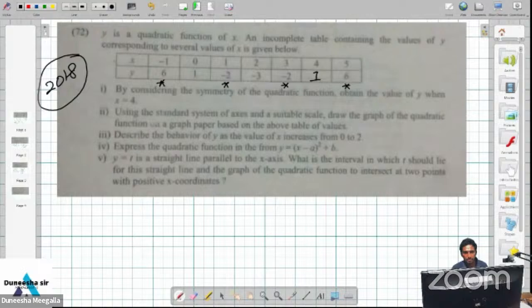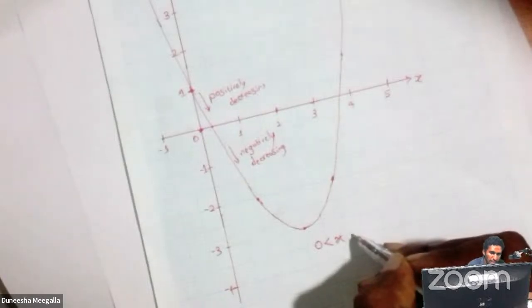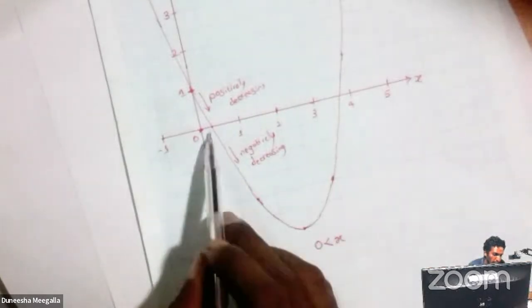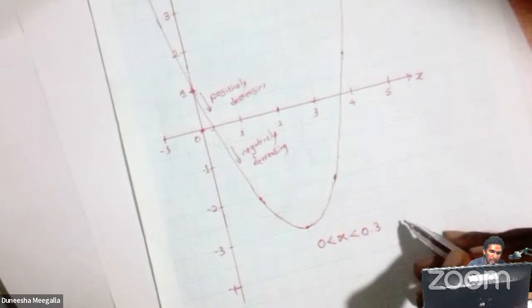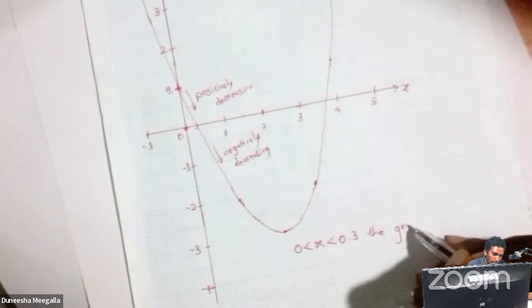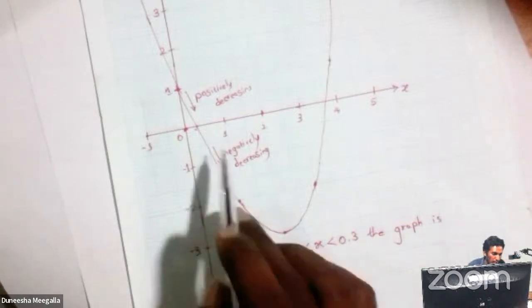Okay, how do we describe? Now I am again going to the graph. From 0 to about 0.3, what is the graph doing?